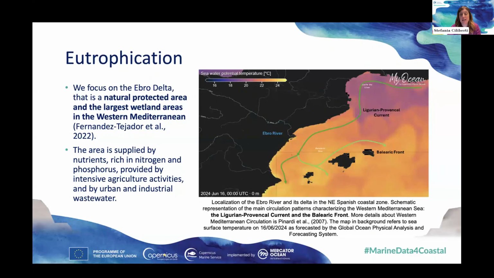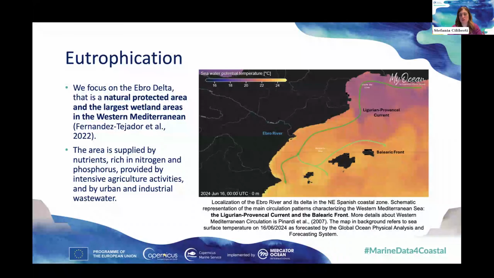The Ebro Delta is an example of a natural protected area that we want to preserve and monitor, being a region supplied by nutrients rich in nitrogen and phosphorus due to the intensive agricultural activities in the region.